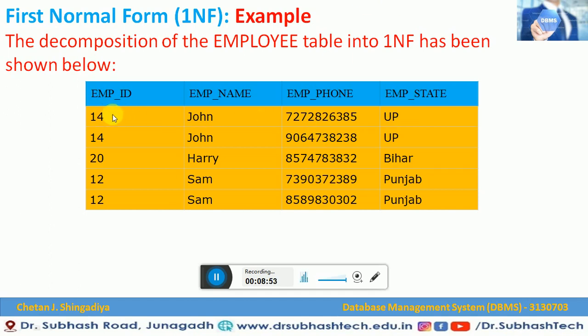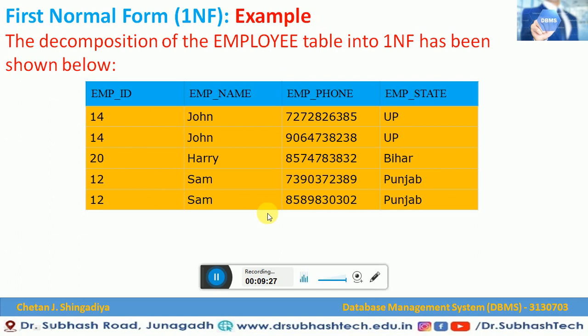Here you can see in this example, 14 John, we have given this number, and once again we have given another number related to this John. After converting, there are no multi-valued records in this table. Whatever records are there in this table are only single-valued records, or atomic values.